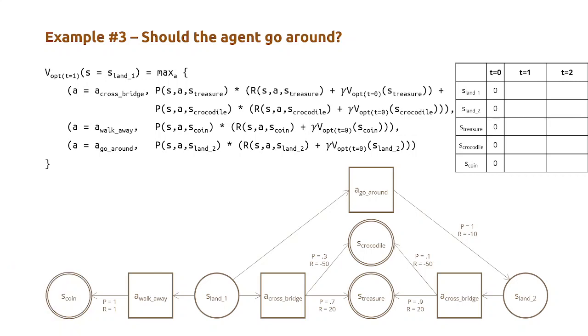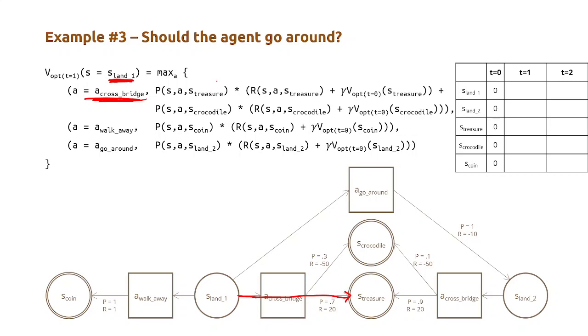Okay, so first we calculate the value of this. So the probability of S is S1, A is equal to cross bridge, and then to treasure.